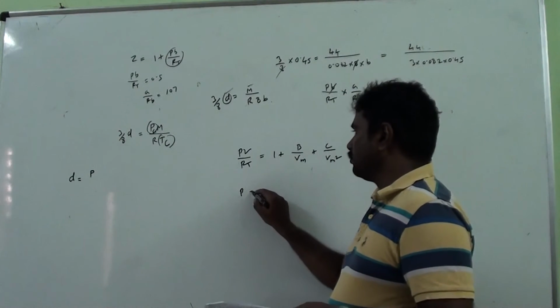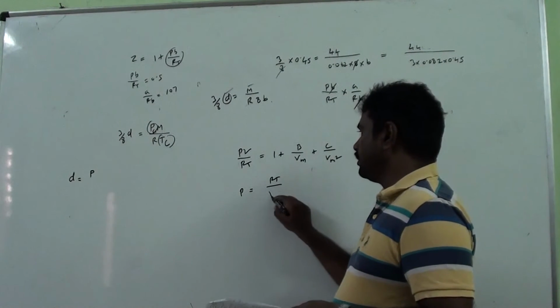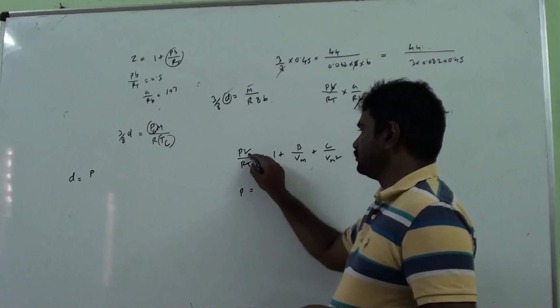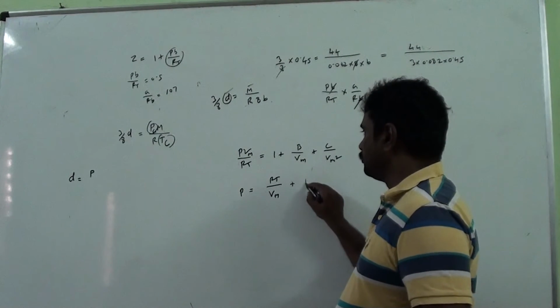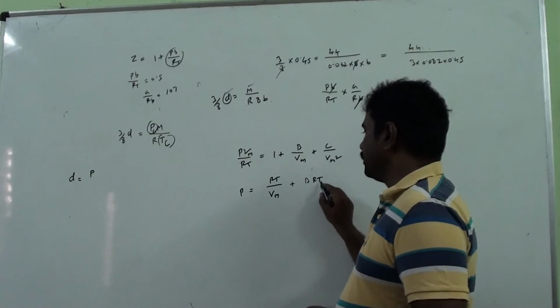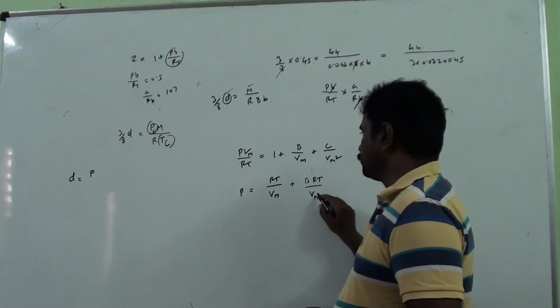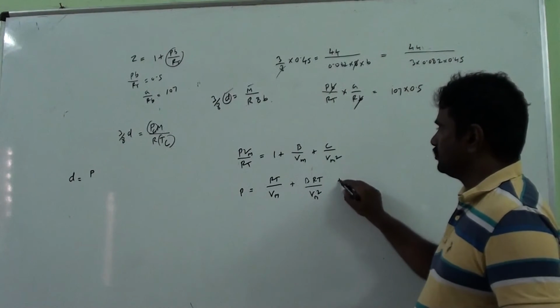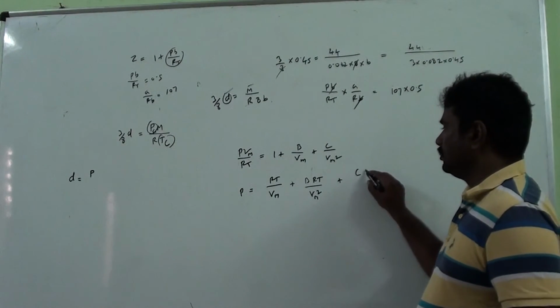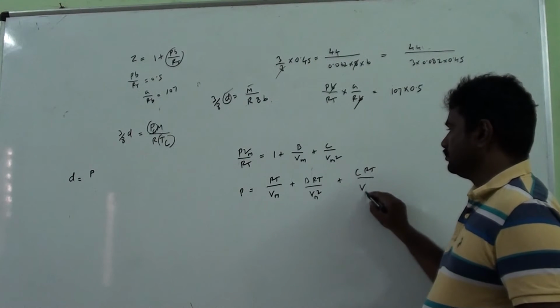From this, pressure equal to what? RT by Vm plus B RT by Vm square. Correct or not? Plus C by Vm cube.